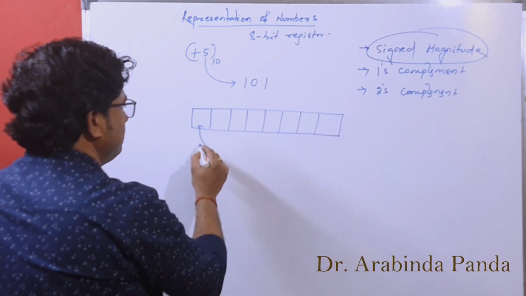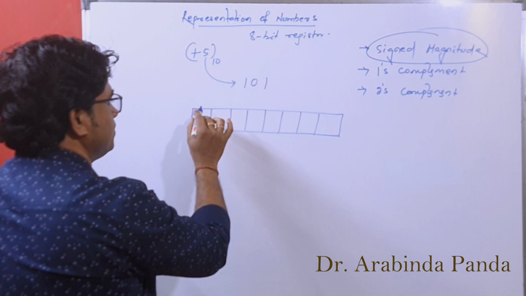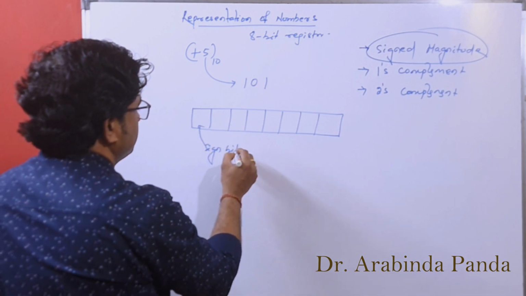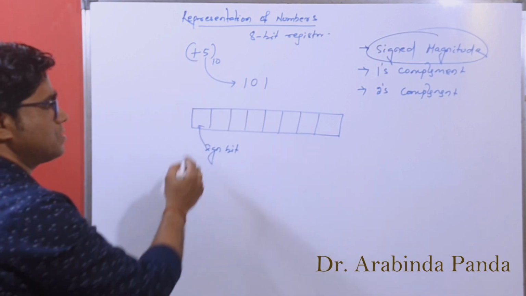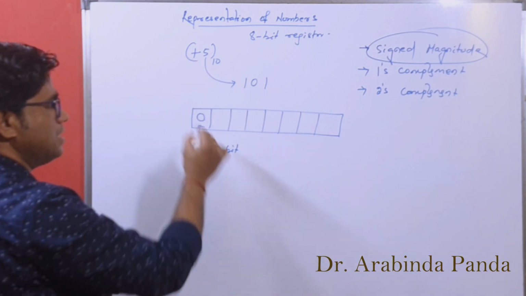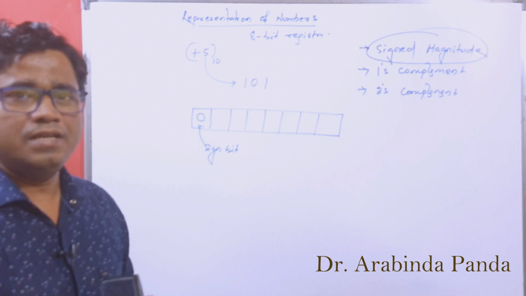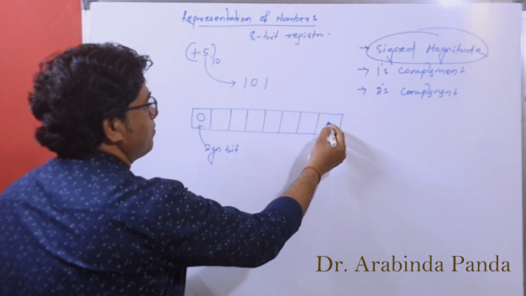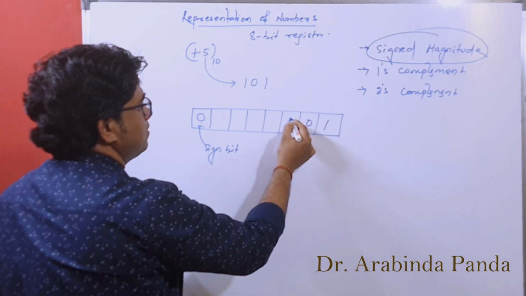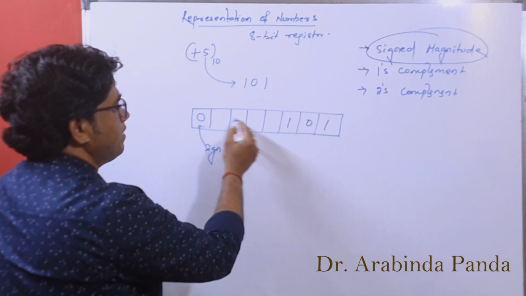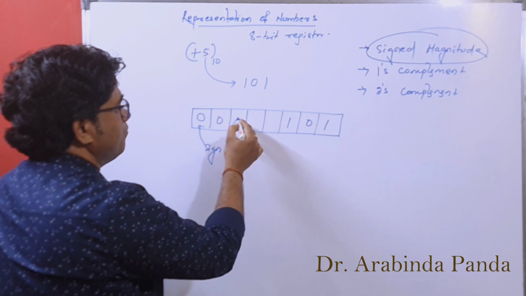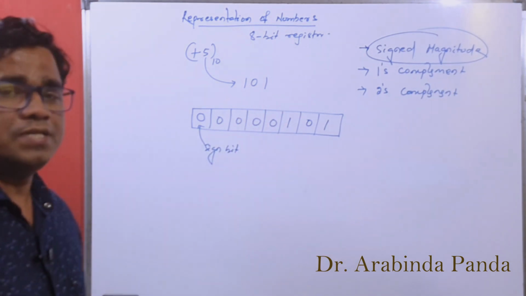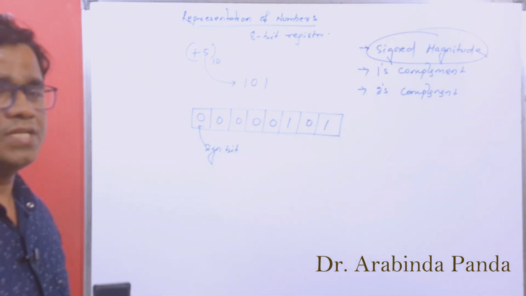The first bit, or the most significant bit of the register, is reserved for the sign bit. And here the sign is plus, so instead of plus we place 0. So 0 indicates the plus sign. From the right hand side, place the binary equivalent of the number, and fill the rest of the bits with zeros. So this is the sign representation of plus 5.